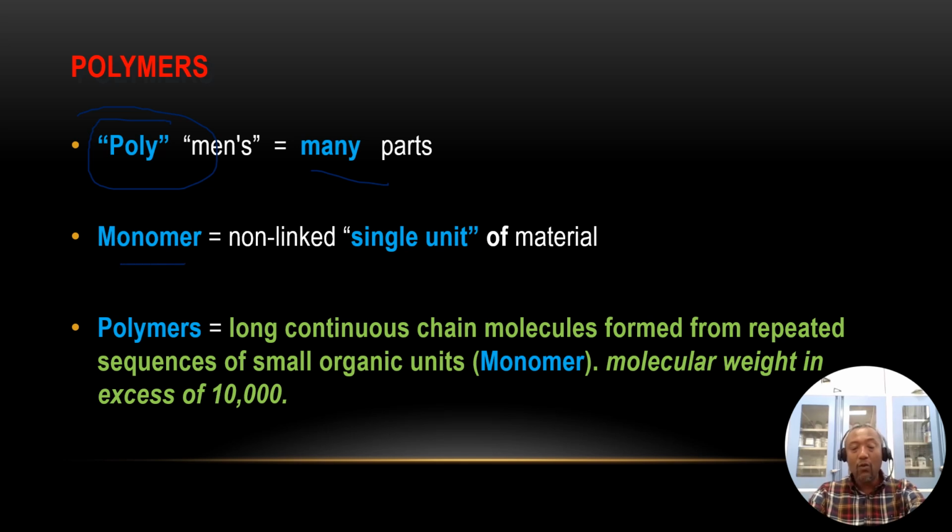So when you unite a large number of these monomers, you will get polymers. So how do you define a polymer? A long continuous chain of molecules formed from a repeated sequence of small organic units. A molecule with a molecular weight in excess of thousands is considered to be a polymer.